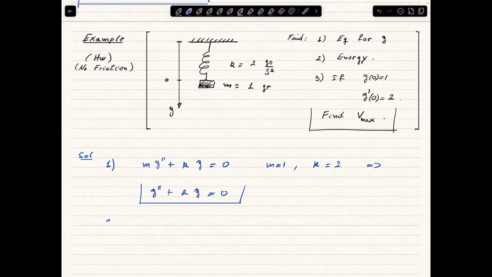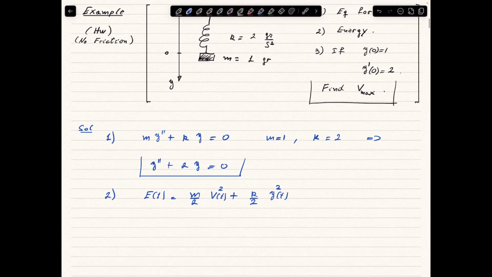What is the energy? Well, the energy, we have said, for this mass spring system without friction, is always mass divided by 2 times the velocity squared, which is a function of time, recall, plus the spring constant divided by 2 times the displacement squared.